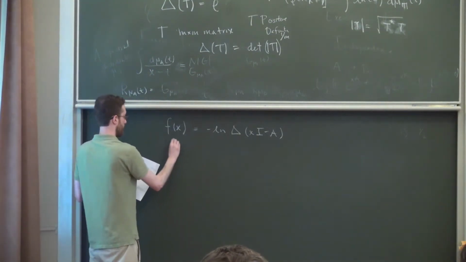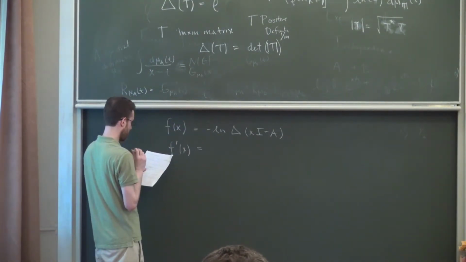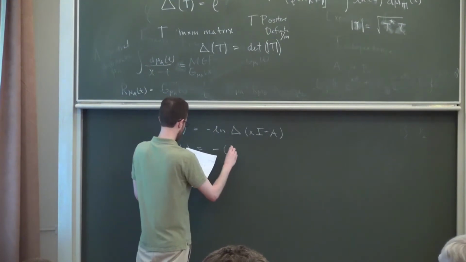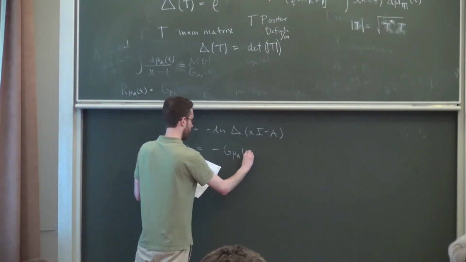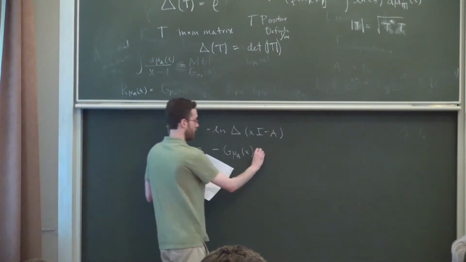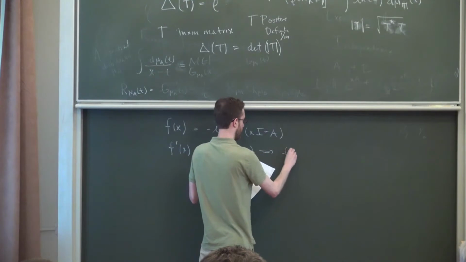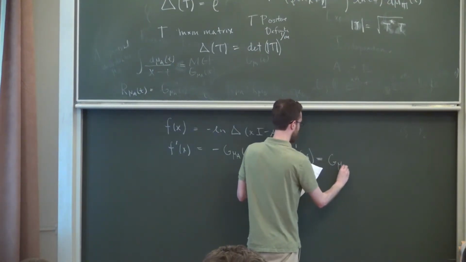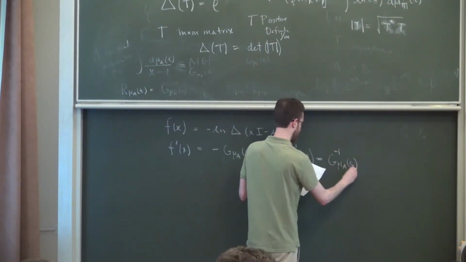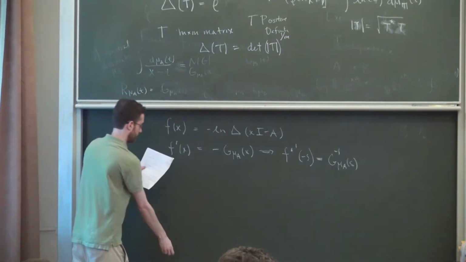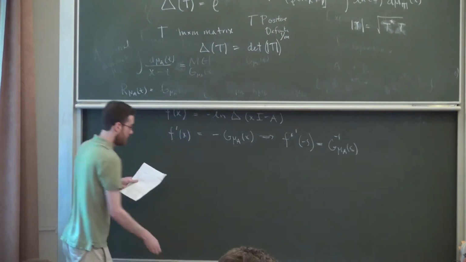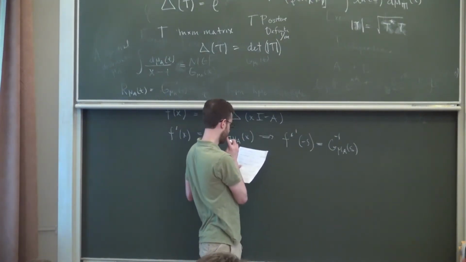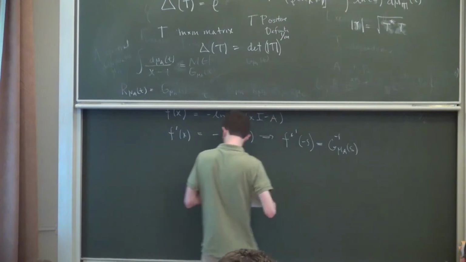And what you get is that then f prime of x equals minus G mu A of x, which implies that f star prime of minus s is G mu A inverse of s. Sorry.